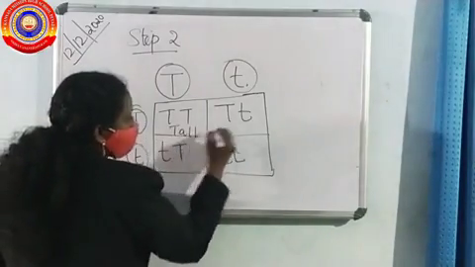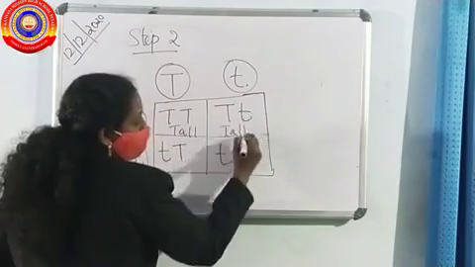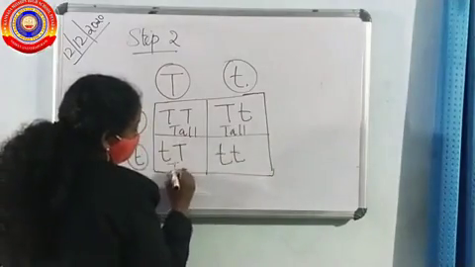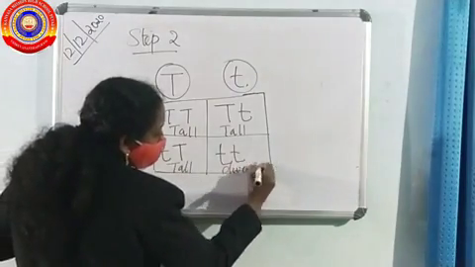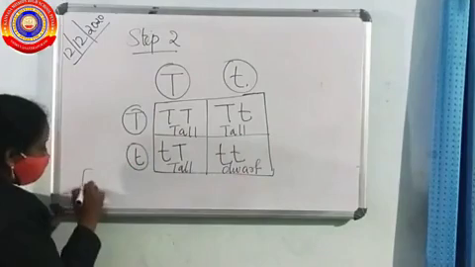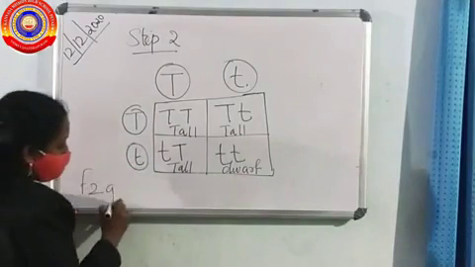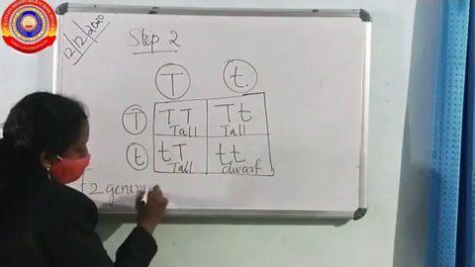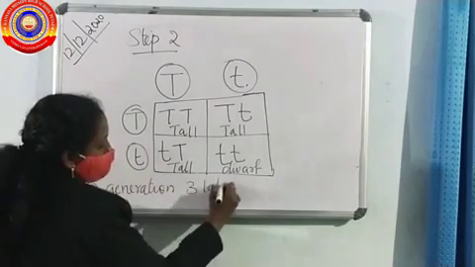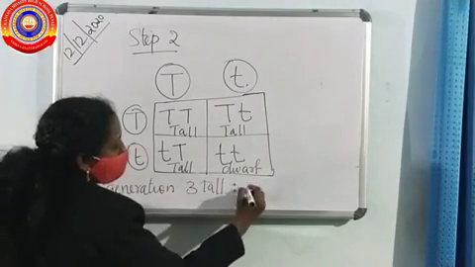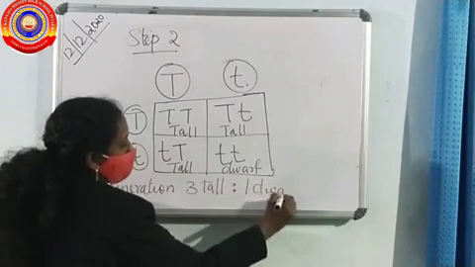Here it is tall. Here also we got tall. Here also we got tall, and in the fourth box small t's are seen, so the result is dwarf. So in the F2 generation we got 3 tall and 1 dwarf.